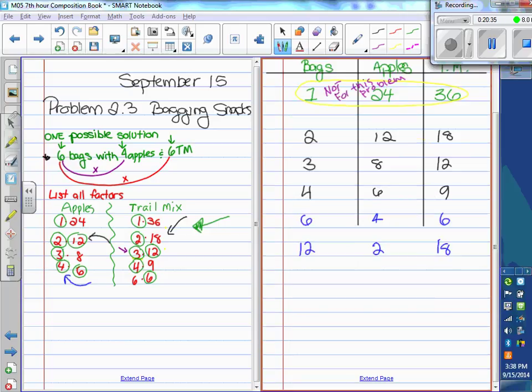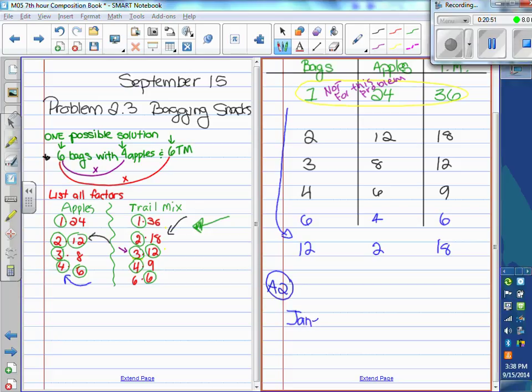So on the next part of the question, A number 2, they ask you what's the most number of bags that you would have. Since the list is nice and organized, you can see the most number of bags is 12.